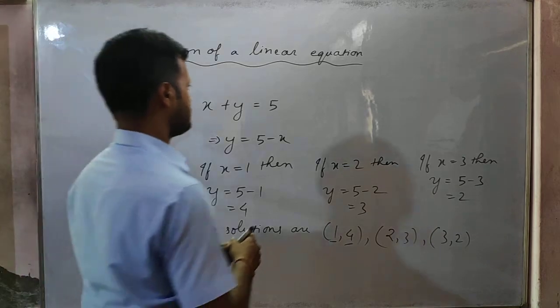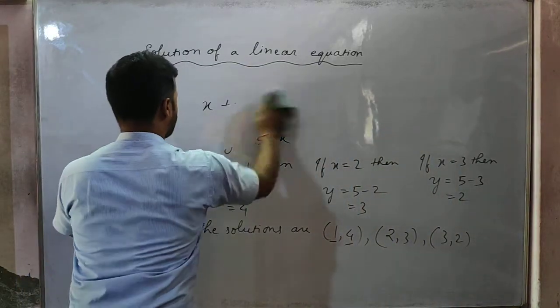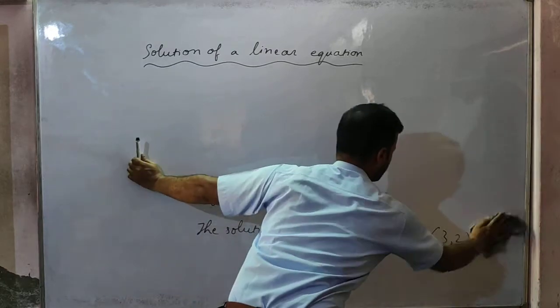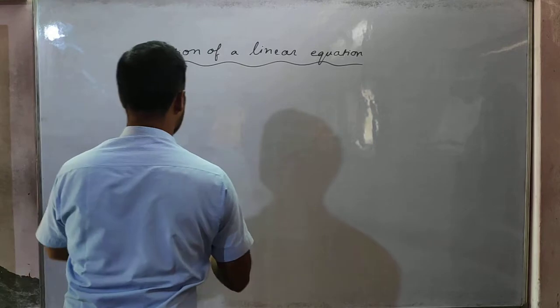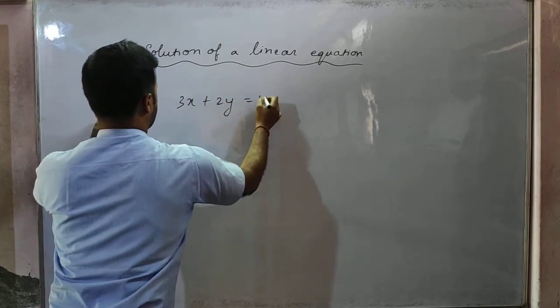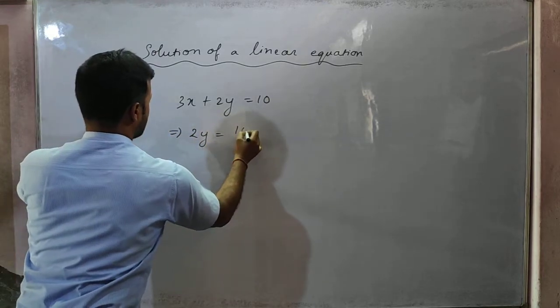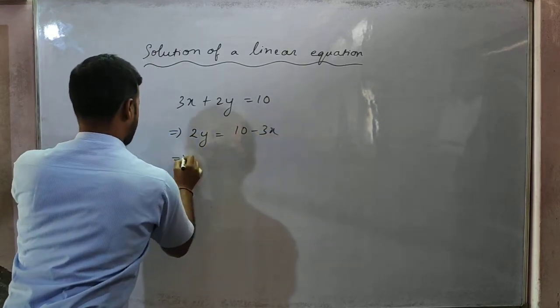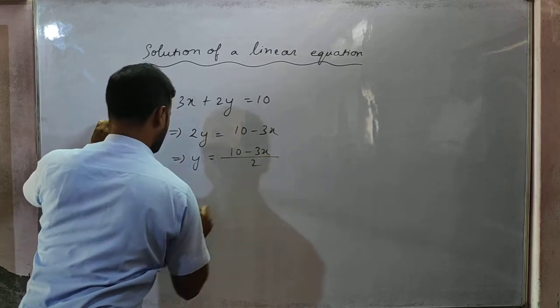Suppose, for one more example, if you want to see. Suppose 3x plus 2y is equal to 10. Okay, so 2y is equal to 10 minus 3x, and y is equal to 10 minus 3x by 2.